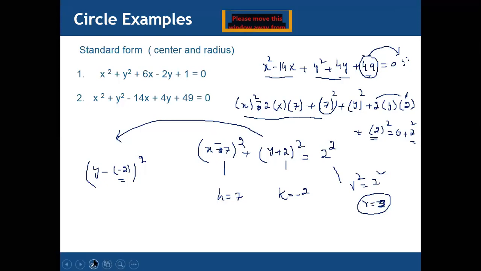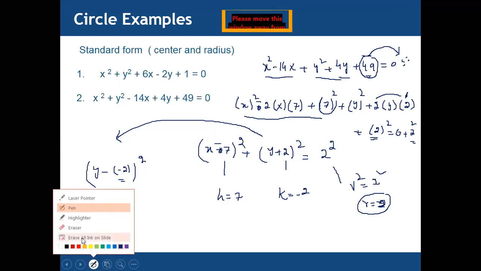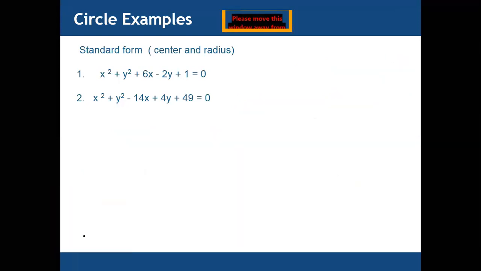Let me clear another thing. For example, if we have this equation, x square plus 10x, y square plus, let's suppose, 20x, and we have, let's suppose, 13 equal to 0.